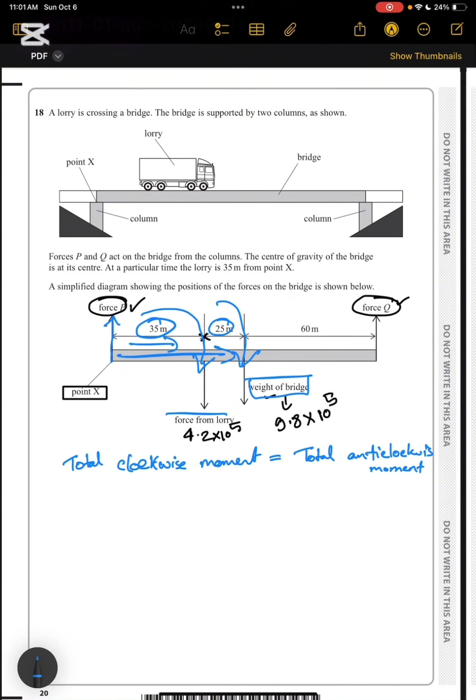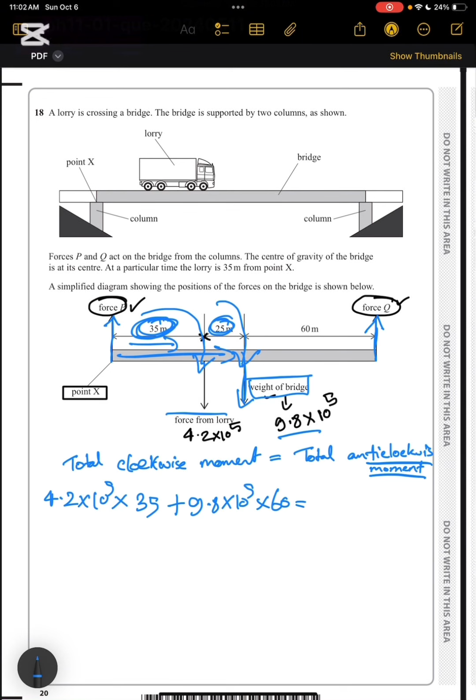So we can take 4.2 into 10 to the power 5 into this 35 meter plus this 9.8 into 10 to the power 5 into this 35 plus 25, because it is right here, you can say it as 60, is equal to the total anti-clockwise moment. The total anti-clockwise moment is this, because it is acting here, in this direction.